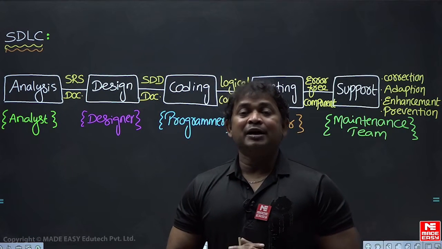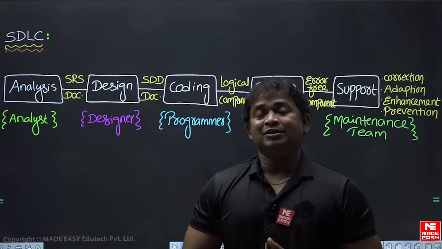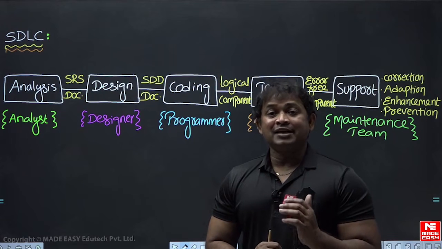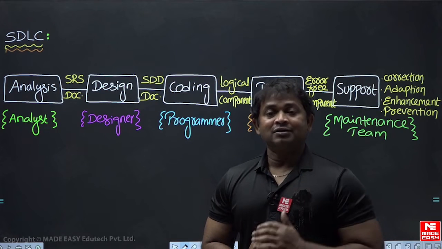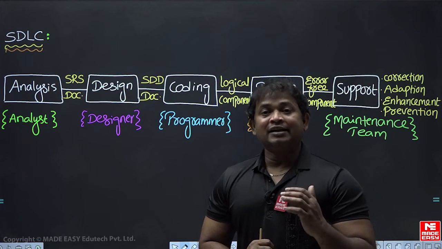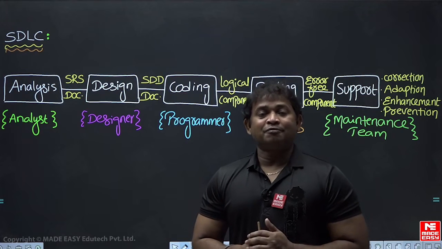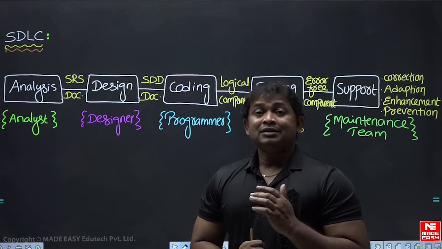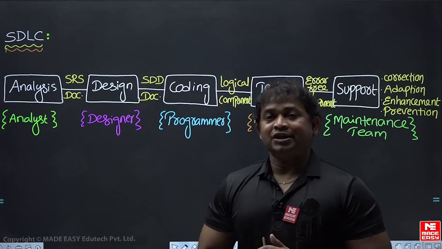That document is called the software design document, the SDD document. By using different designing principles, the designer prepares the document which contains the technical details. That document is called the software design document. That SDD document is submitted to the coding stage.